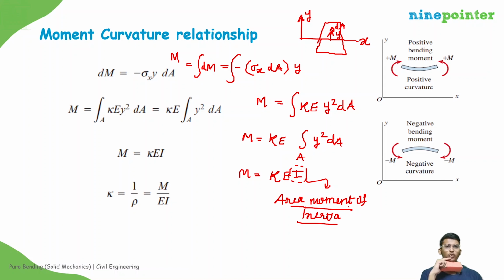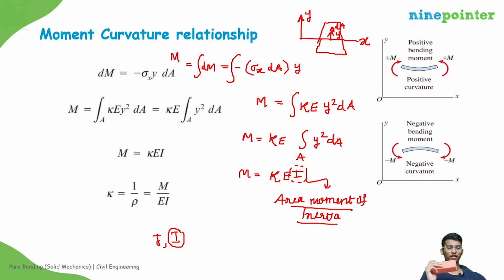If you observe, in the torsion case, we get J, which is also an area moment of inertia, known as the polar moment of inertia. And in some cases, we get I. So we need to understand about which axis we are calculating the moment of inertia.